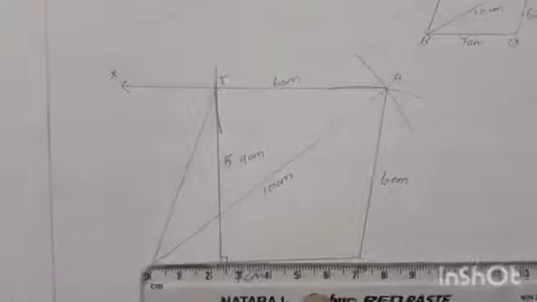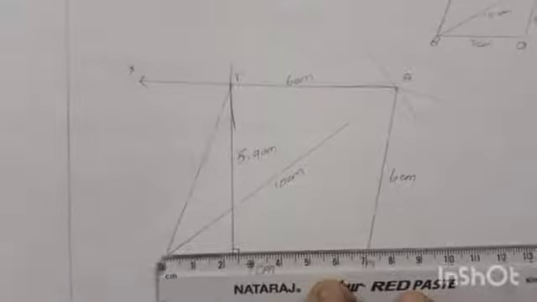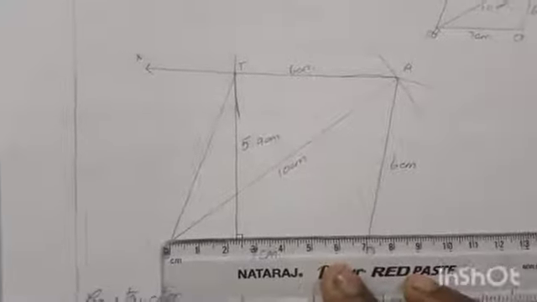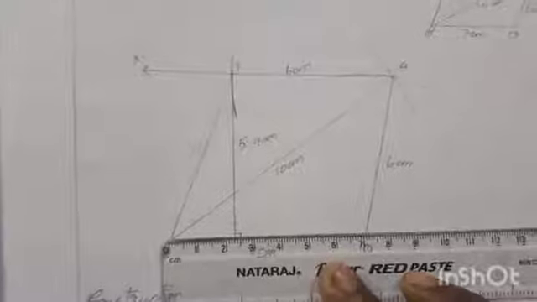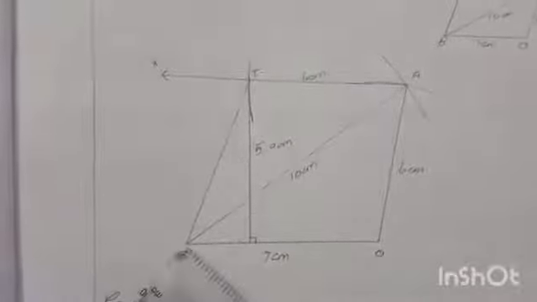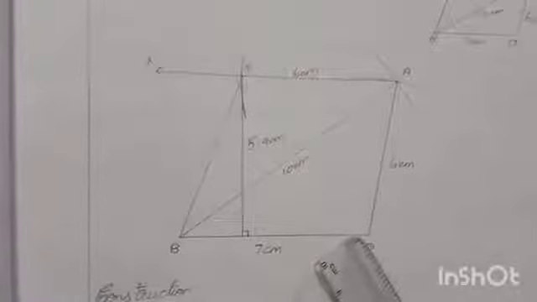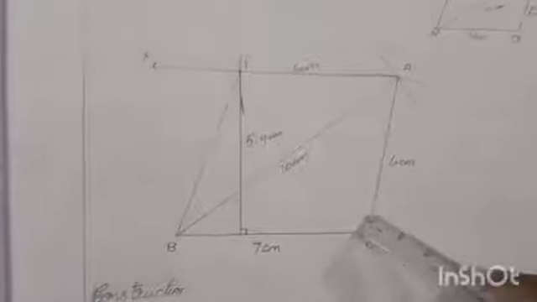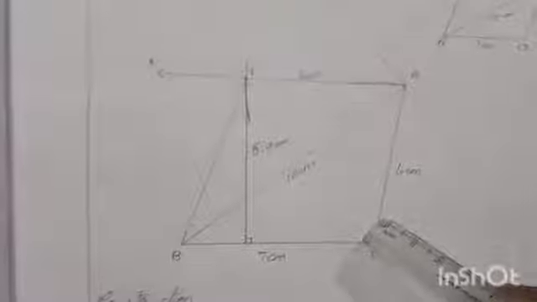With the help of a scale, you have to measure 7 cm. Then with B and O as centers, draw arcs of radius 6 cm and 10 cm.